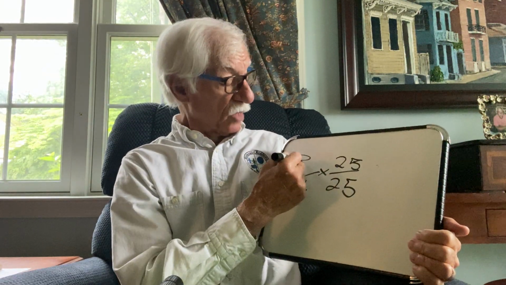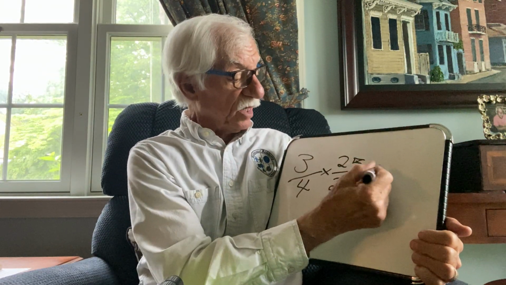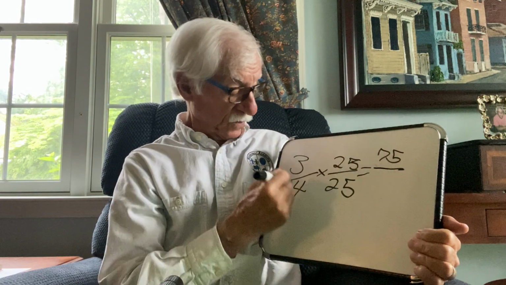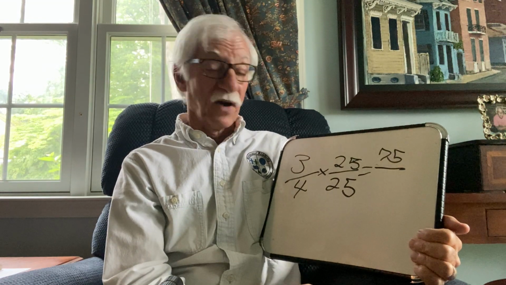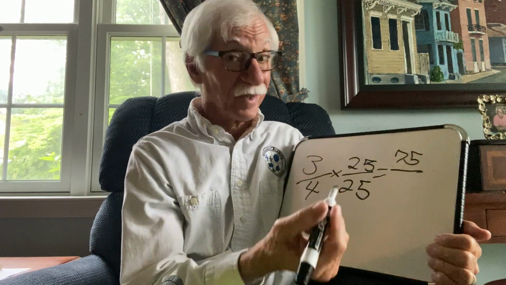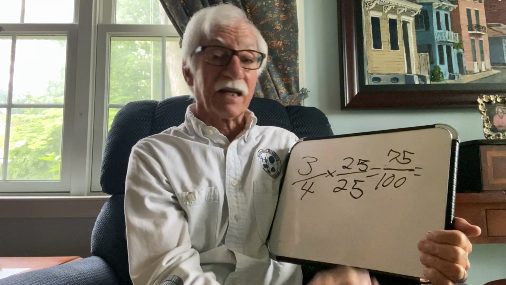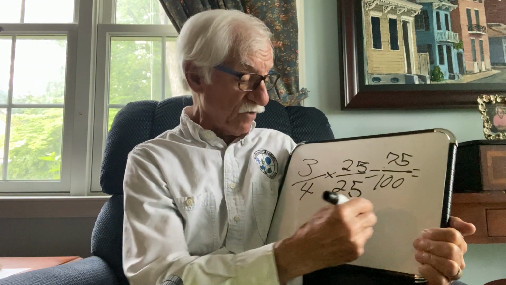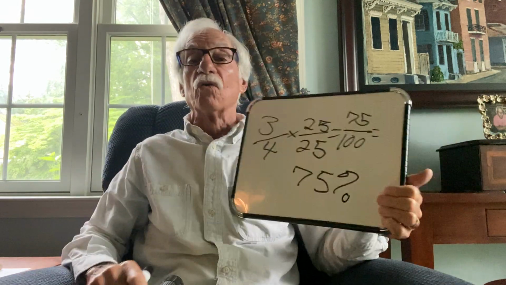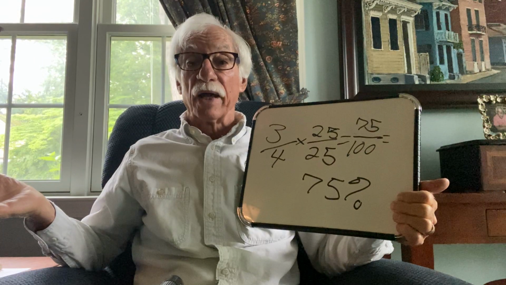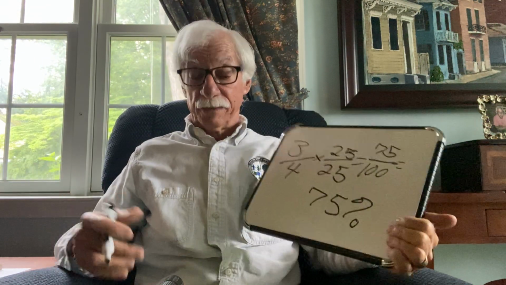Watch this. 25 taken 3 times is 75. 4 taken 25 times, or 25 taken 4 times, either way in multiplication, gives me that magic 100. So now I've got 75 hundredths, so I know that 75% of the kids in school take outside activities. That's all you've got to do to find percent.